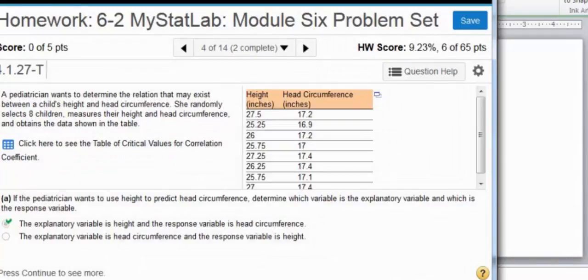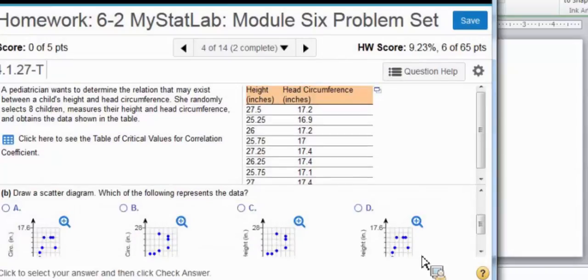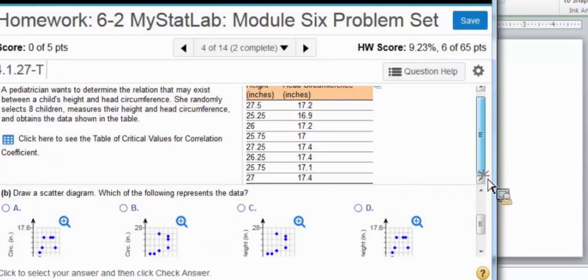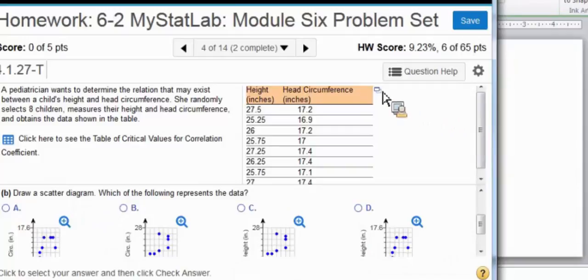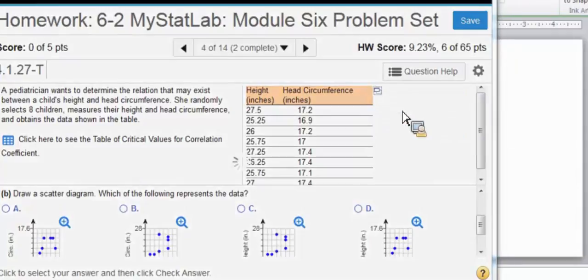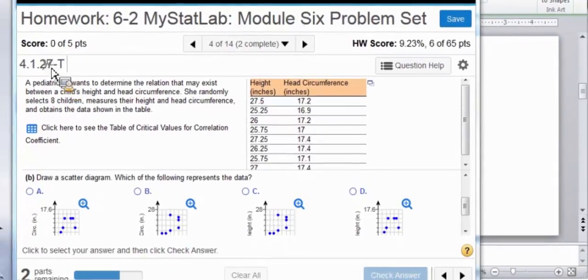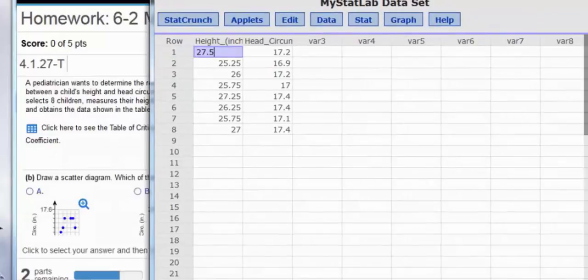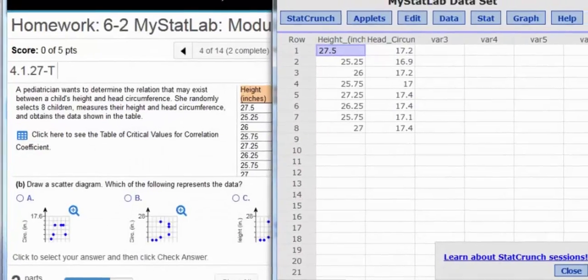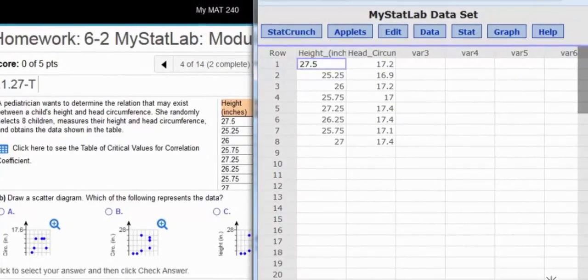Okay, continue. Draw a scatter diagram. Well, we can do this in StatCrunch. We open the data in StatCrunch, and you see, as usual, StatCrunch has already pulled the data for us.